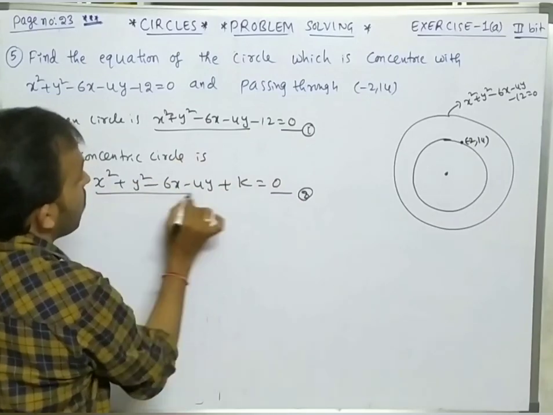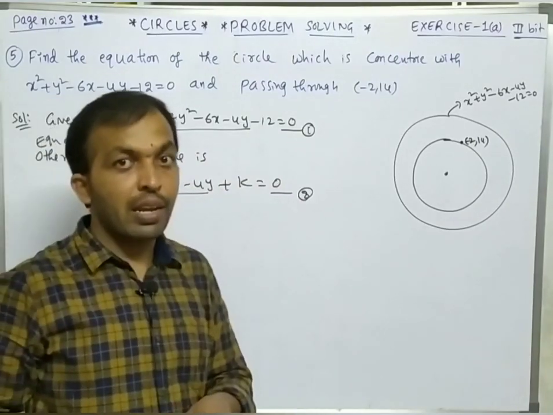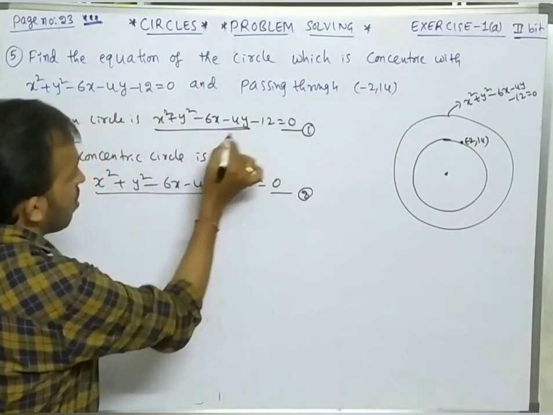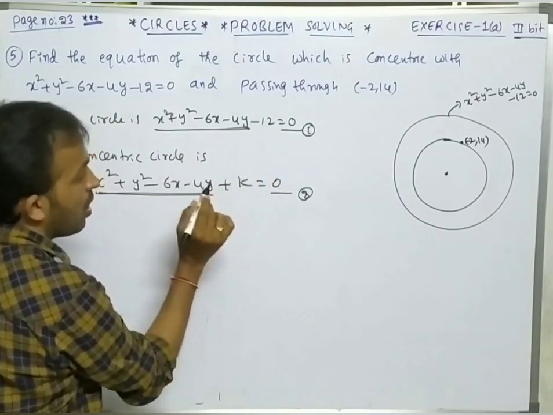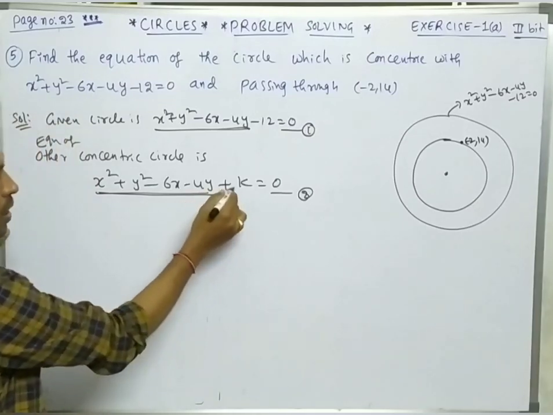If two circles are concentric, then all terms are the same except the constant. Now we should find this k value.